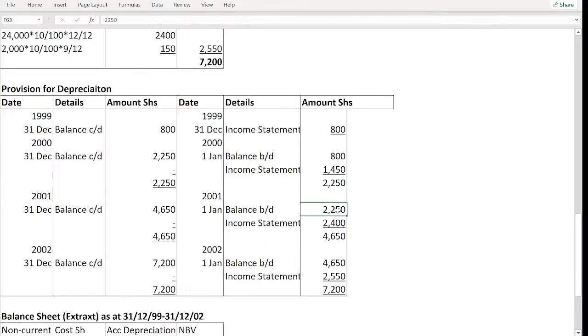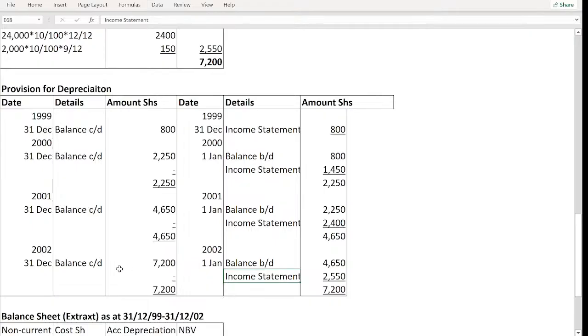As well, the accumulated depreciation was 2,400, which we are going to state on the income statement. So total 4,650. That is the balance carried down on our debit side. In 2002, the balance brought down will be 4,650 plus the income statement, which we saw after calculating will be credited at 2,550.